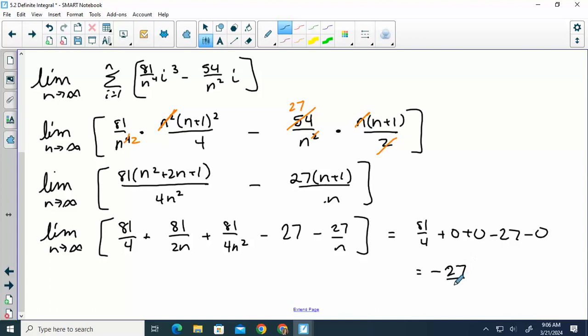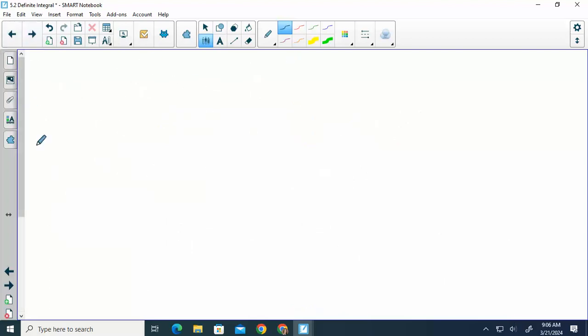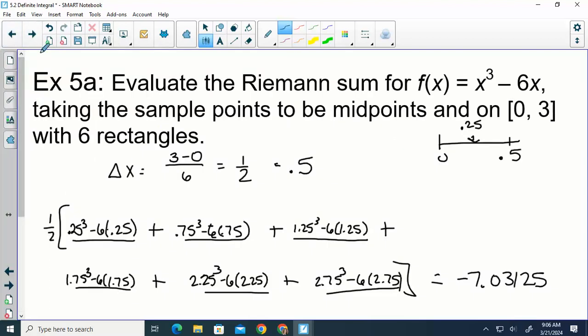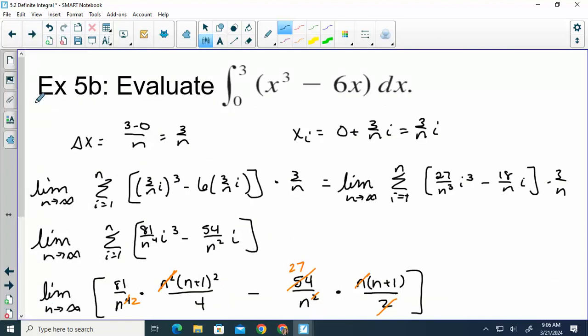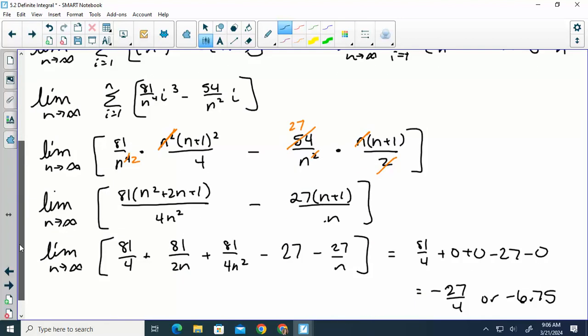So negative 27 over 4 is the fraction. Negative 6.75 is the decimal. What did we approximate this at on our last slide? We had negative 7.03, negative 6.75, so they weren't too far off. It was closer than our over and under approximations were.